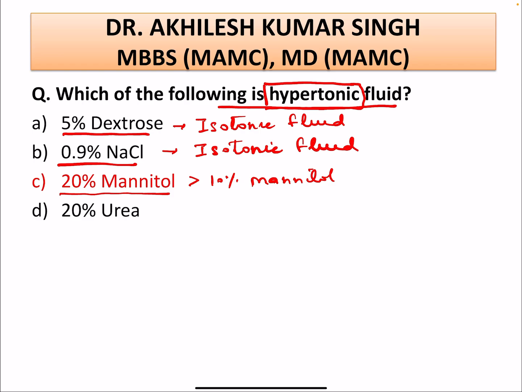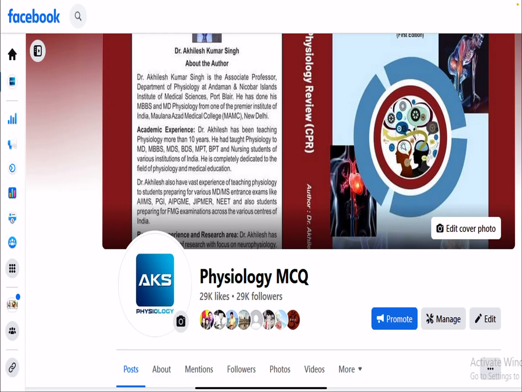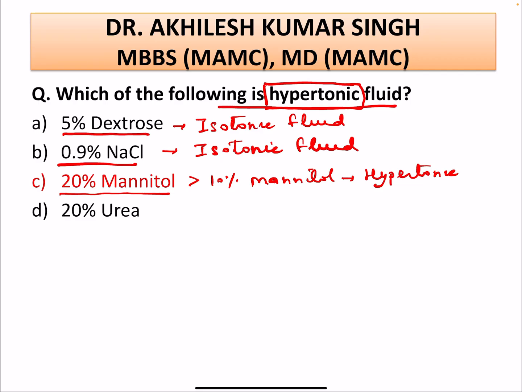So 20% mannitol will be the hypertonic fluid, because its concentration is more than 10% mannitol. So the answer here is C, 20% mannitol.